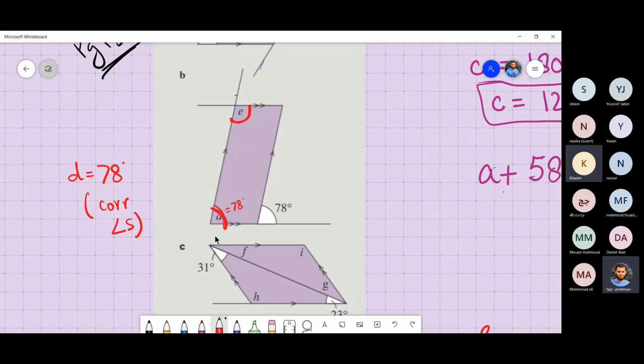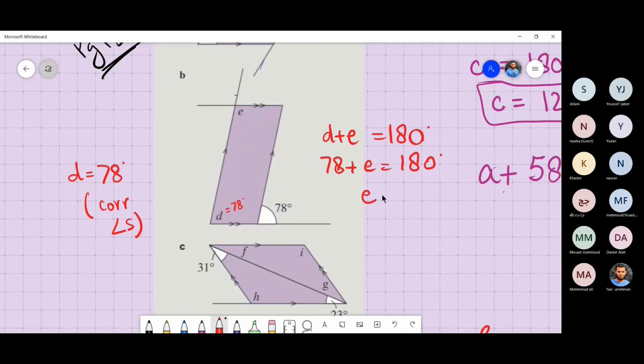So D plus E should give me 180. By the co-interior property, 180 minus 78, since D we already know, so we can find E. E will be 102. This will be the answer.